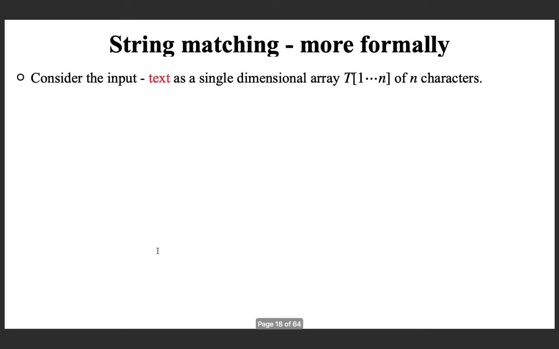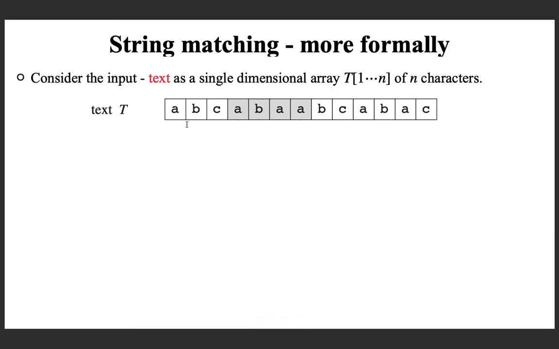Now we can try to look at it more formally. Basically, it is the process of finding all occurrences of a pattern in a given text. Now we are going to formalize it. Consider the input text as a single dimensional array of n characters.